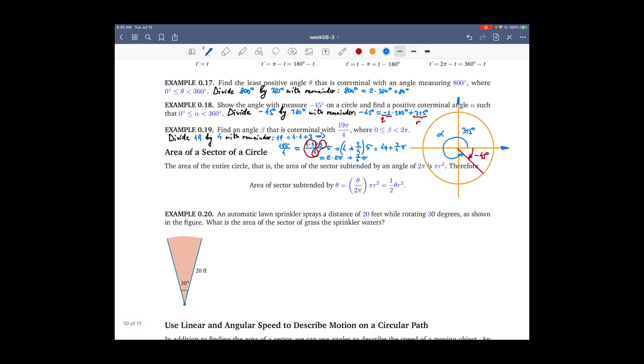So on the circle, this corresponds to 2 full revolutions.